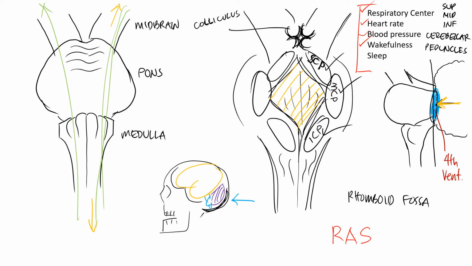Now, we cannot discuss the midbrain without discussing your cranial nerves. So, just a quick overview. Anyway, we've already drawn the brain here. Let me draw a better one. Let's draw the brain.